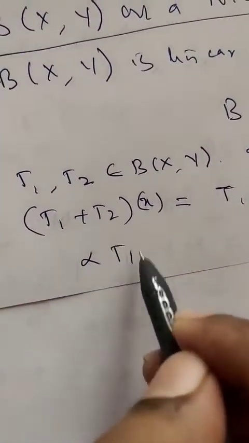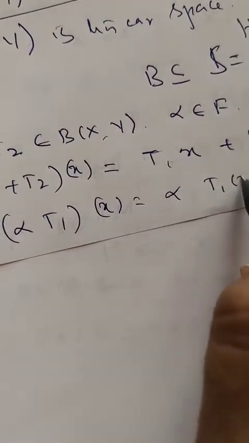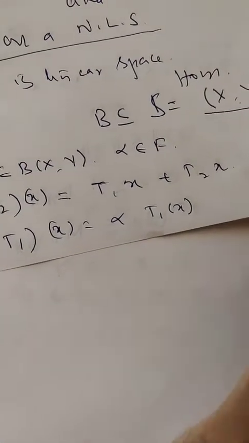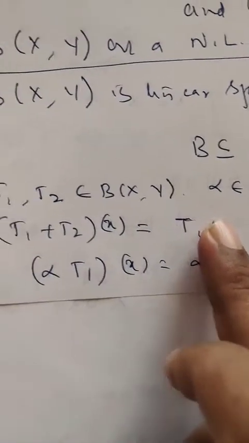The other is (alpha T1) of x, which is alpha times T1 of x. These are the standard two operations that you can define on B(X,Y). So now we will show that B(X,Y) is a subspace of Hom(X,Y), the set of all linear transformations from X to Y.